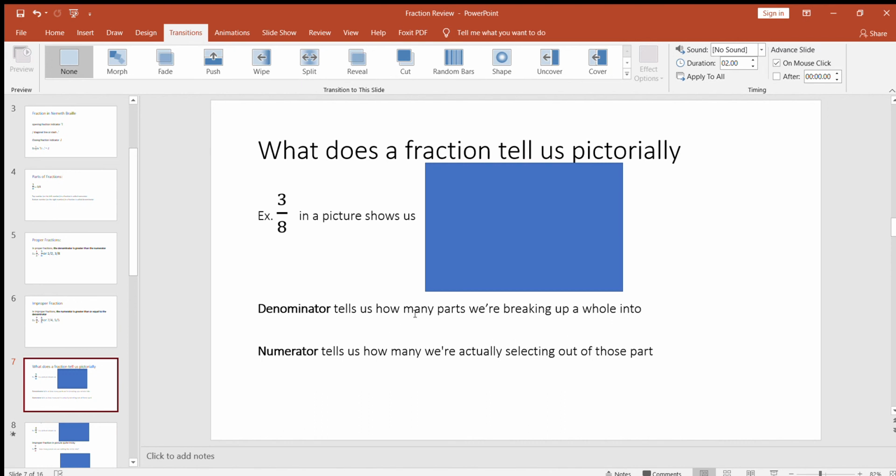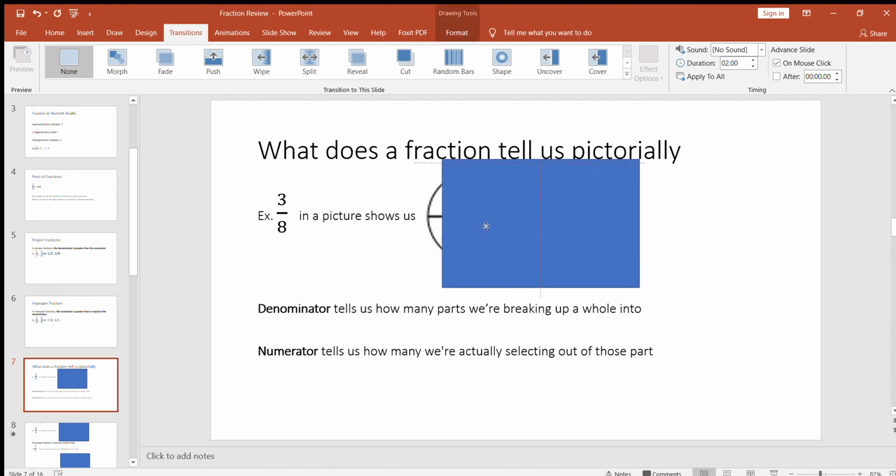So the denominator tells us how we're going to slice a whole, and these parts are equal parts. They're not one bigger than the other, they're all the same size. And then the numerator tells us how many we're actually selecting out of those parts that we cut based on our denominator. Now going back, 3 over 8 shows us a picture.